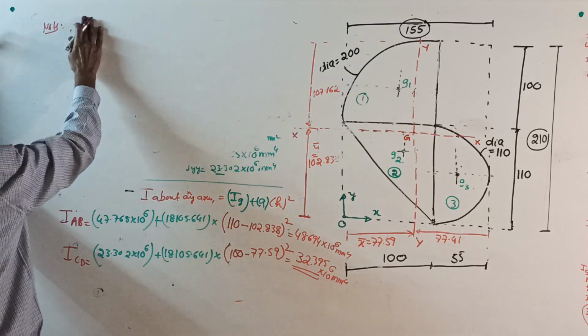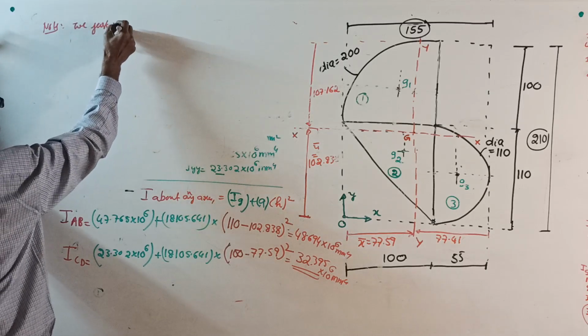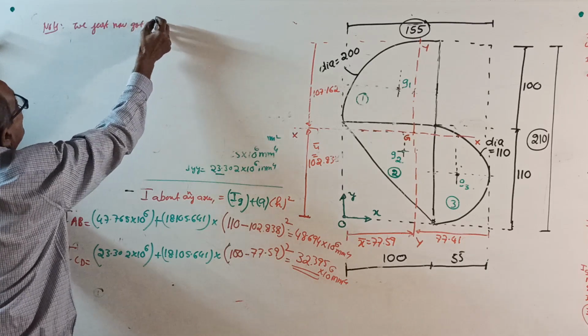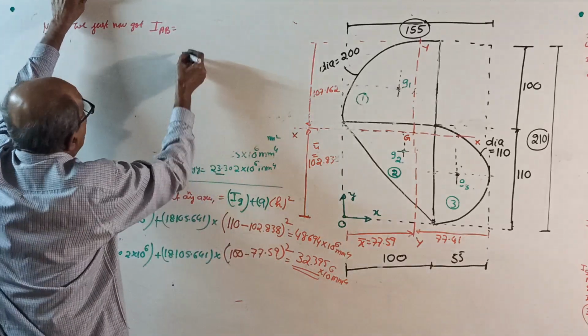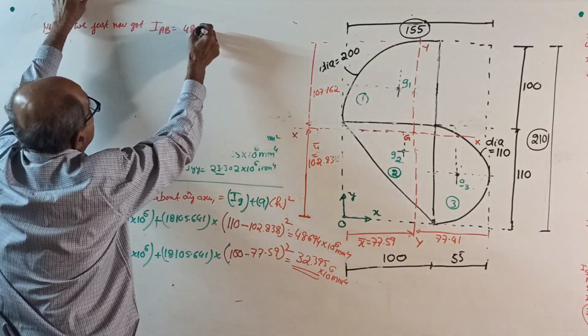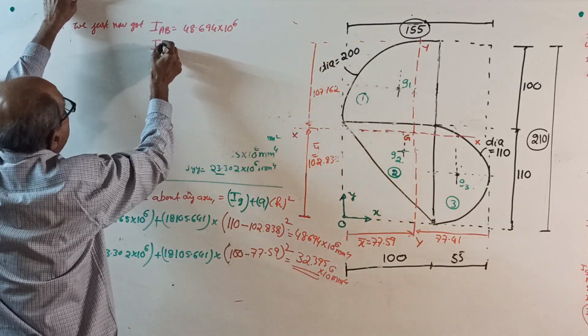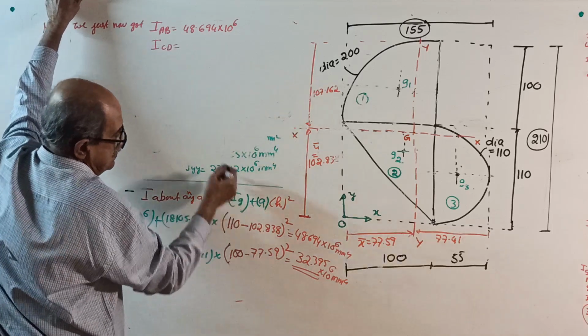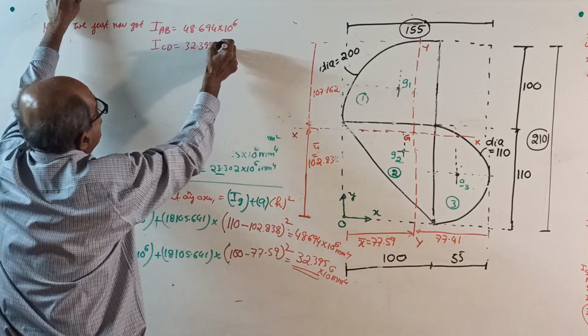We just now got I about AB equal to 48.694 10 to the power 6 and ICD equal to 32.395 10 to the power 6.